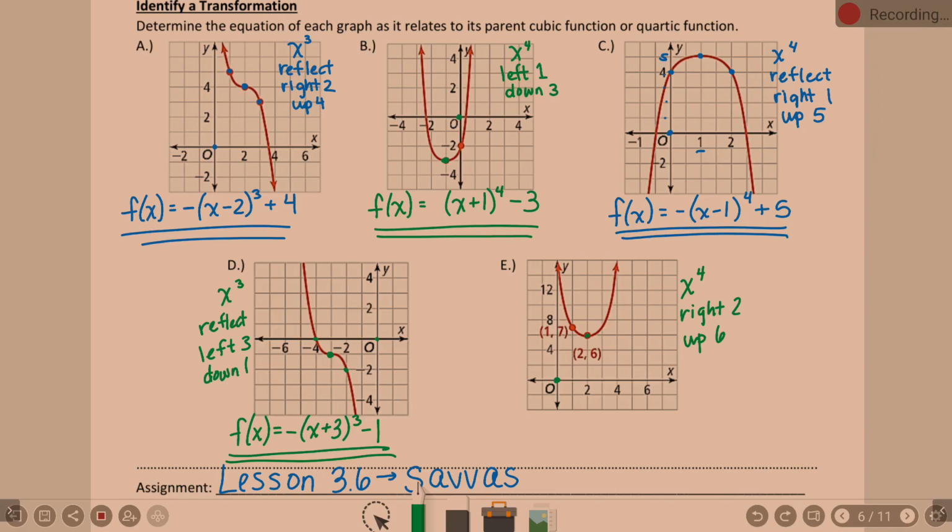What about stretch or compression? They labeled a point for us, didn't they? How far is that point? It's over 1, up 1 if you compare the ordered pairs, isn't it? Okay, so over 1, up 1 means no stretch or compression. Can you write the equation on your own?